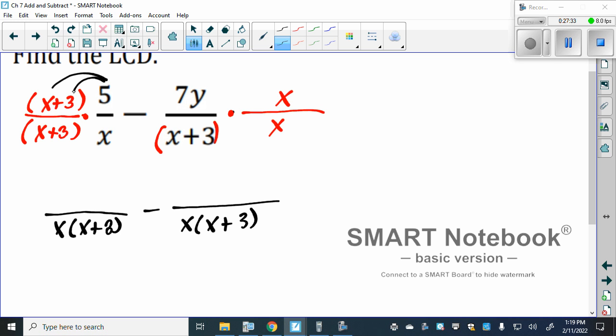But if I feel like it's going to be a little much to do all at once, I'll rewrite it as two sets of parentheses and then do it afterwards. Here, 5 times x is just 5x. 5 times 3 is going to be plus 15. 7y times x is 7xy.